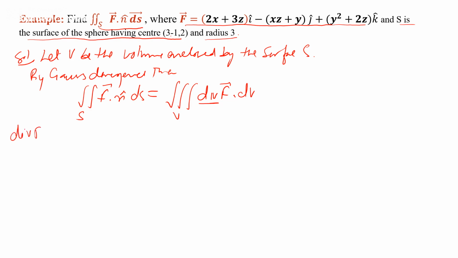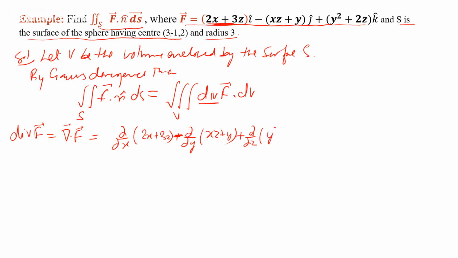So the divergence of vector function f, del dot f. We take the partial derivative of that function with respect to x: del upon del x of (2x plus 3z), del upon del y of minus (xz plus y), plus del upon del z of (y square plus 2z).